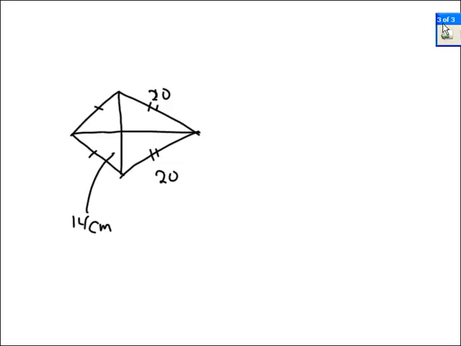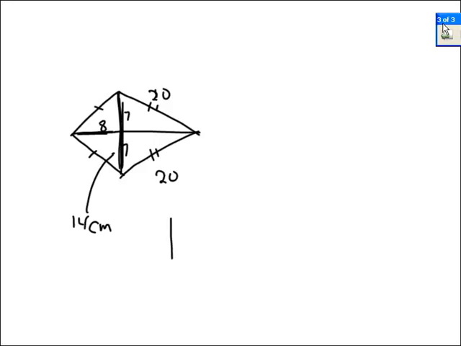And when I say 14, I mean the whole thing. So what that tells me is that each of these are 7. Each of these are 7. And I guess I have to give you this length. Call it 8.